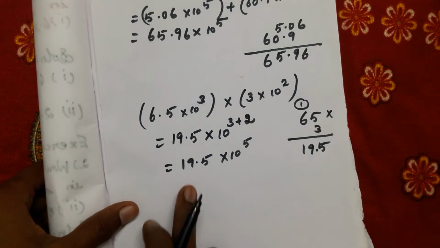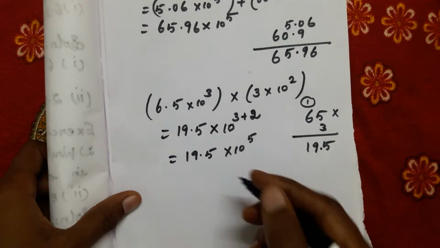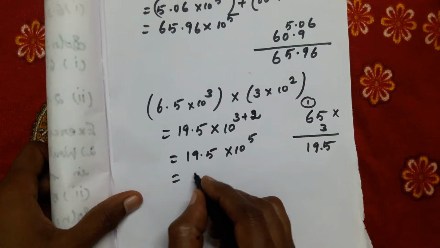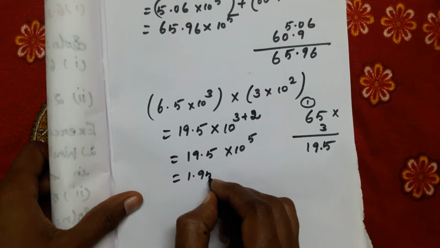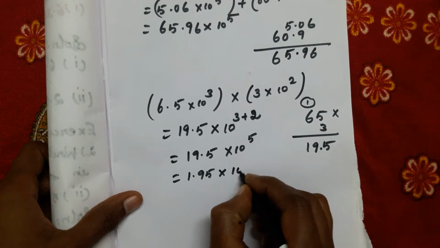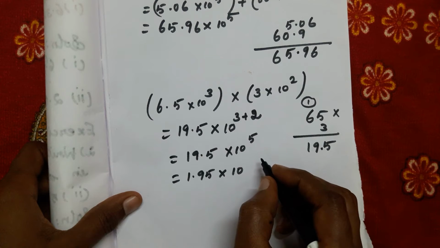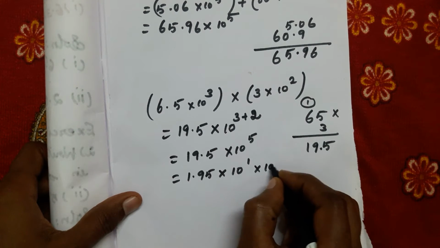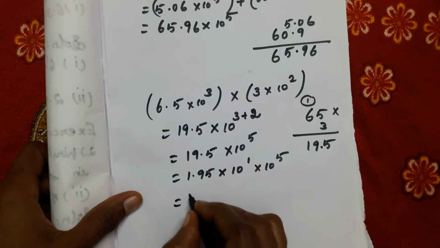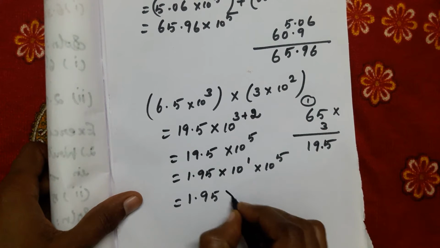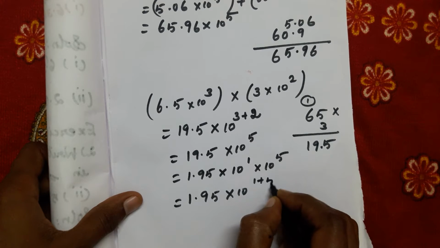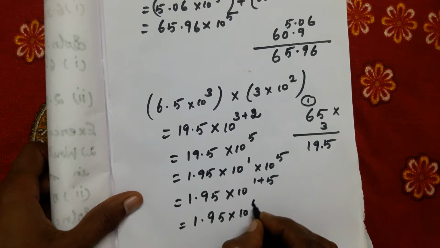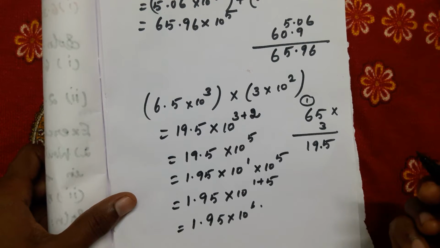Again, if you want to convert into scientific notation, how can we convert it? 19.5 is equal to 1.95 into 10 power, how much? 10 power 1, into 10 power 5. It's equal to 1.95 into 10 power 1 plus 5, which is equal to 1.95 into 10 power 6.